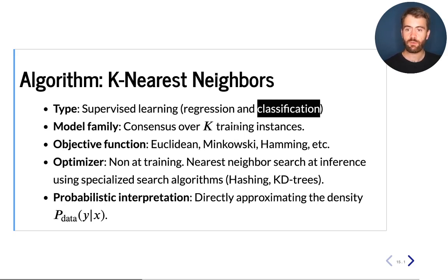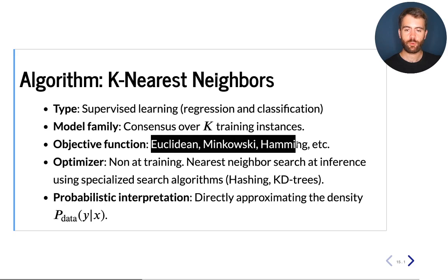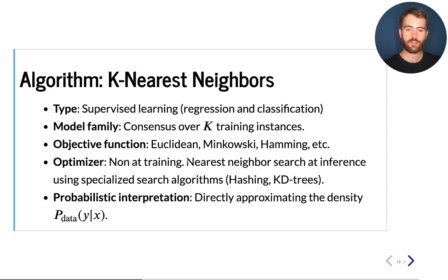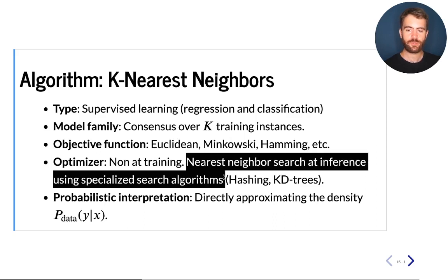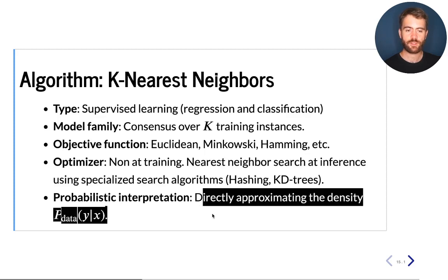We are still solving an optimization problem by finding the closest points to our query point according to a number of different distance functions here. And even though we don't perform any optimization at training, we perform nearest neighbor search at inference time. And finally, this algorithm also has a probabilistic interpretation in that it approximates this density.